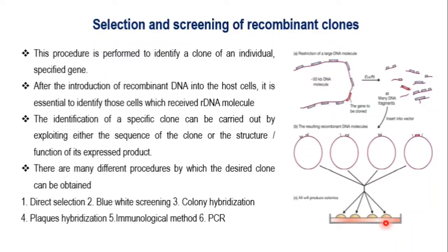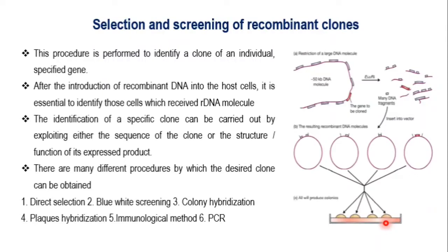From that number of colonies, we have to identify which is our desired recombinant DNA molecule. For this, we'll screen the recombinant clones, exploiting either the DNA sequence of the specified DNA, the structure of the clones, or the functions of the gene's expressed product. These are the methods we'll use to identify the desired clones.